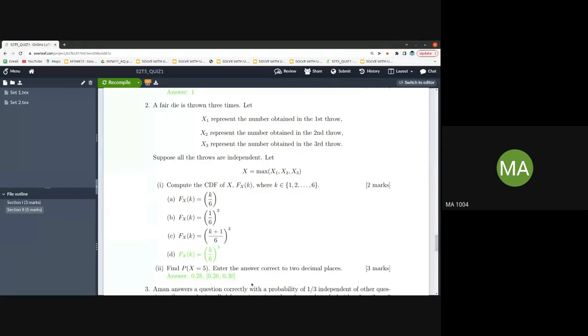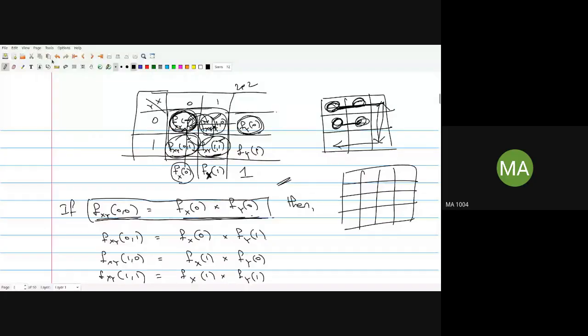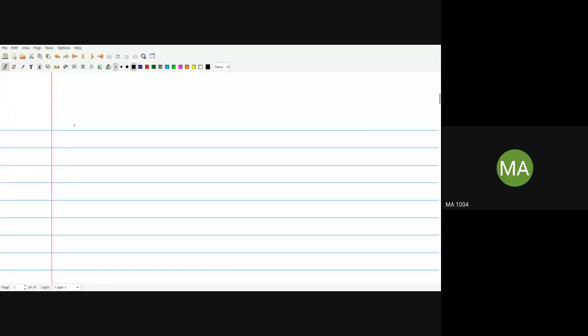Correct? So maybe whenever we are given max or min, that is where the confusion arises, I guess. So our random variable is defined to be max of x1, x2, x3. I want F_X(x). So F_X(x) is basically the probability that X is less than or equal to x.